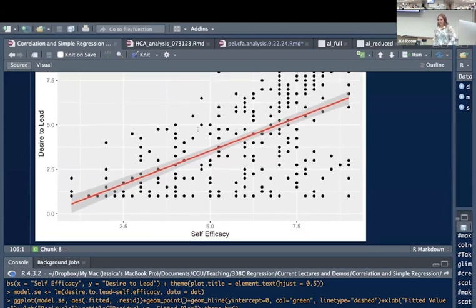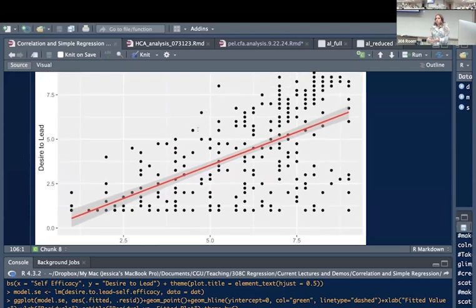I would argue there is some utility in the model: as self-efficacy goes up to some point, it does impact your desire to lead, but at the higher levels of self-efficacy, that is not enough to tell us whether someone's gonna lead or not. Which is why I guarantee you his final model was not a simple regression.